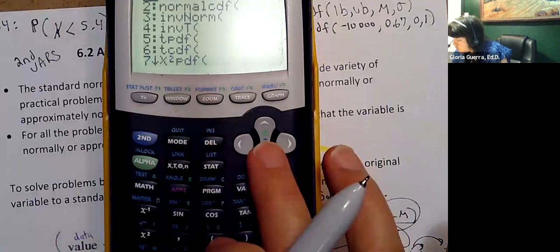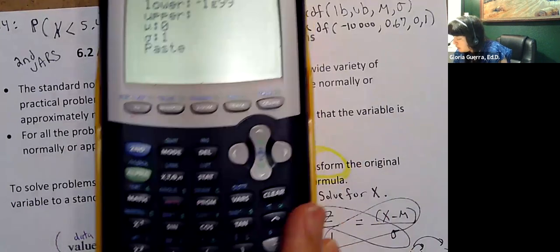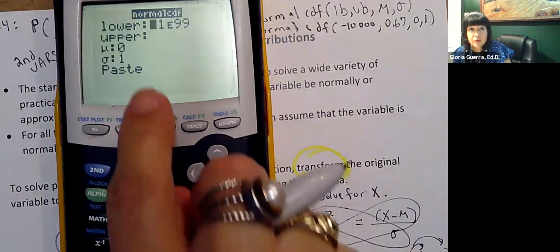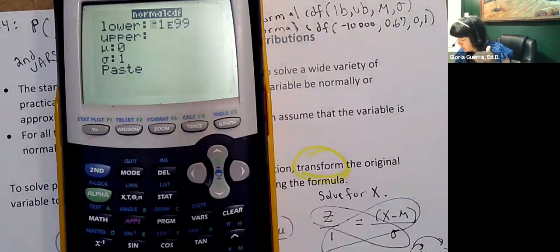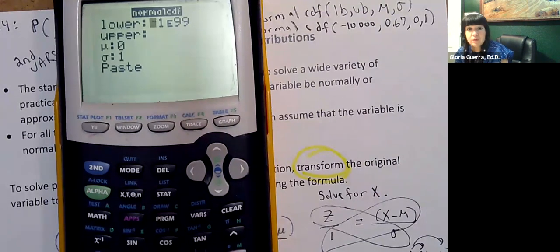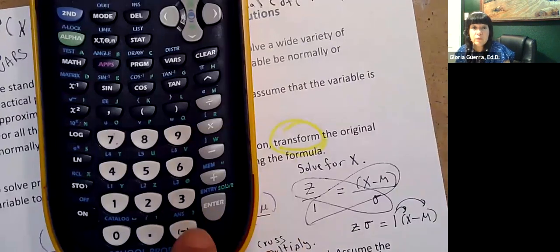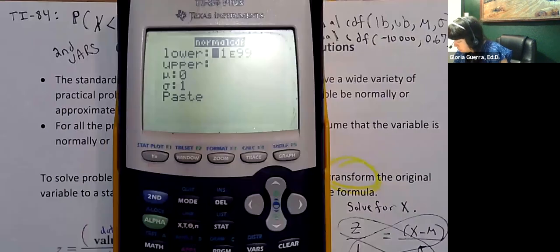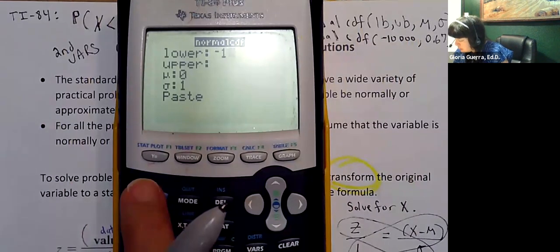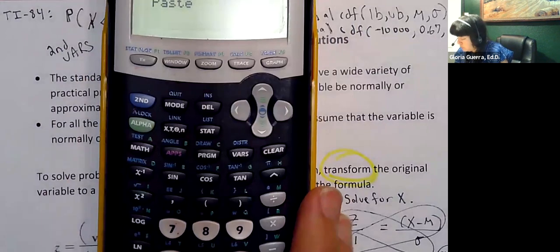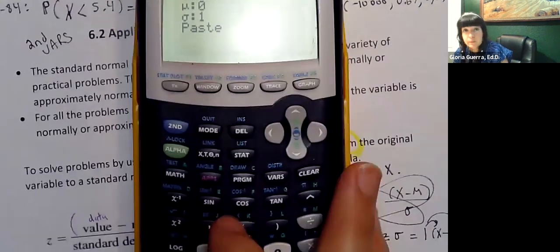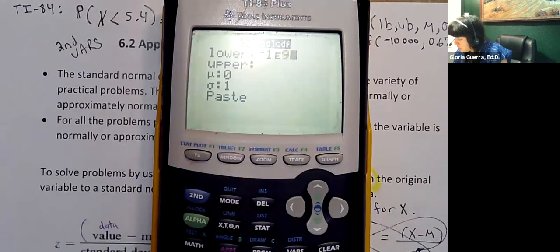Okay, and so now you use your second vars, and you want number 2. For the lower bound, you have a choice. I already have negative 1 E 99. If you're going to do that, you type negative 1, and then second comma is right on top of the 7. So it's comma, and then 99.